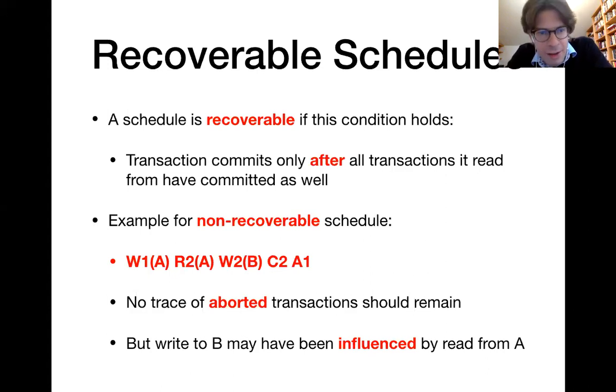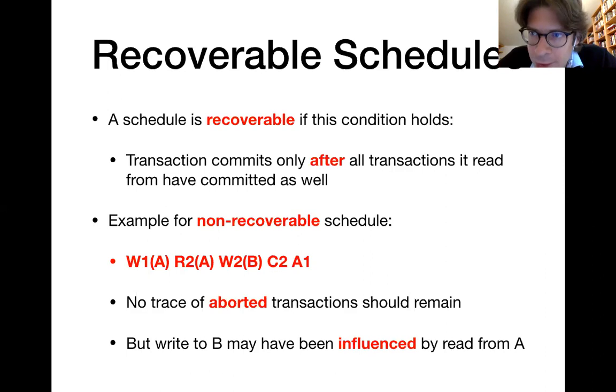So what we're doing here is we first have a write to object A by transaction 1, followed by a read of object A by transaction 2, and a write by transaction 2 on object B. And now transaction 2 commits, but a bit after that, transaction 1 aborts. And that creates a huge problem for the database system, because the database wants to guarantee that committed transactions are never undone. On the other side, it wants to guarantee that aborted transactions have no effect whatsoever on your database.